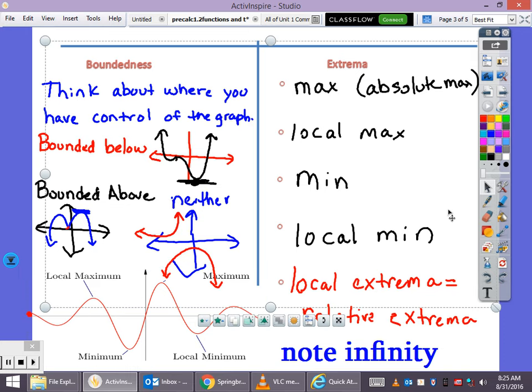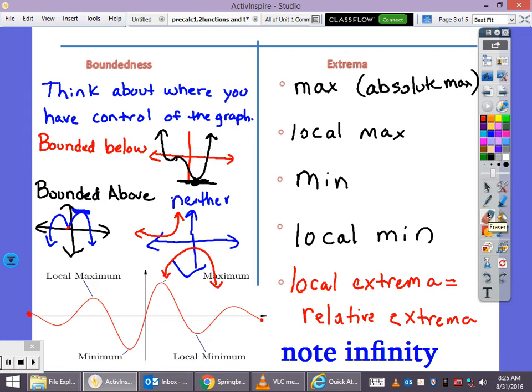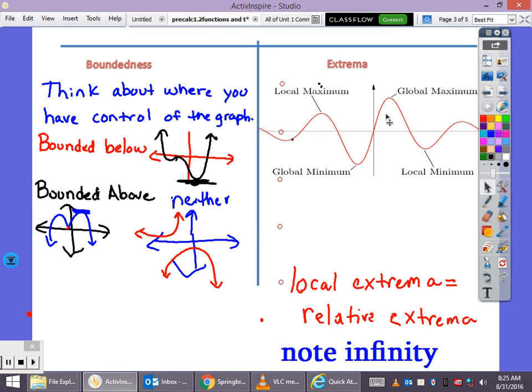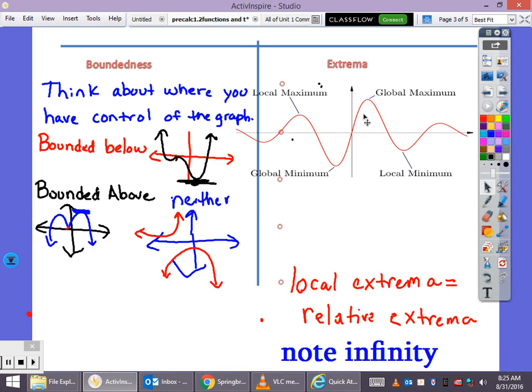Okay, so give me 1 second. Can I go ahead and erase this and put the graph there? Because if I leave the words, it'll be a little blurry. Okay. So here's an endpoint, here's an endpoint.